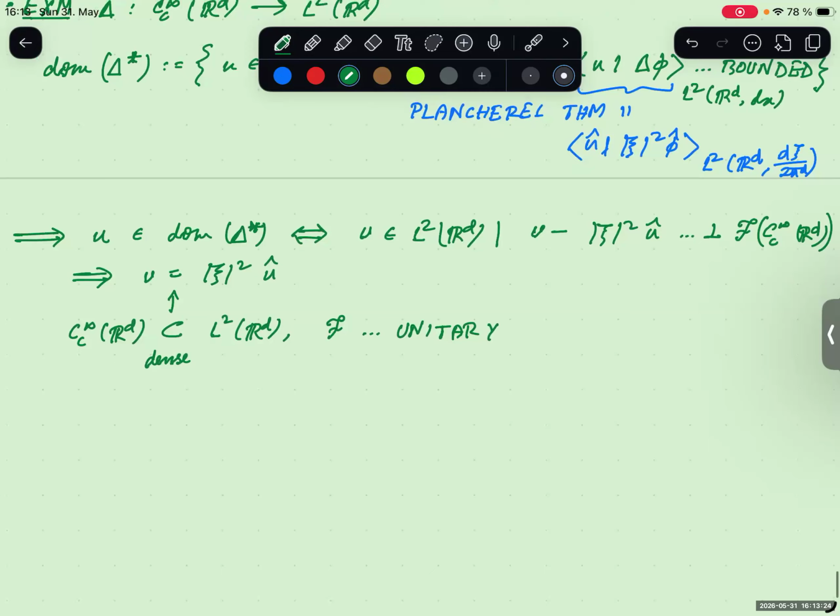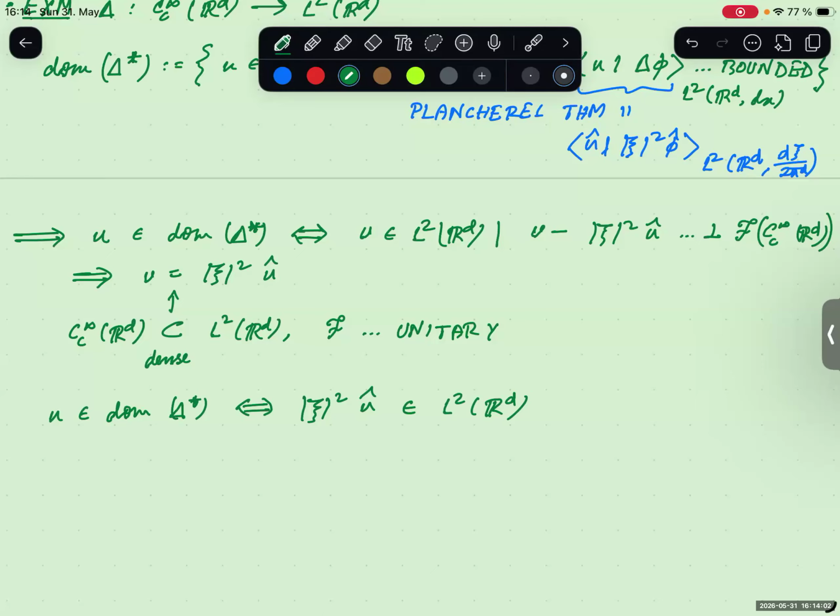Good. Then we can deduce that u is in the domain of the adjoint of the Laplacian if and only if psi squared times the Fourier transform of u is also in L2(Rd).